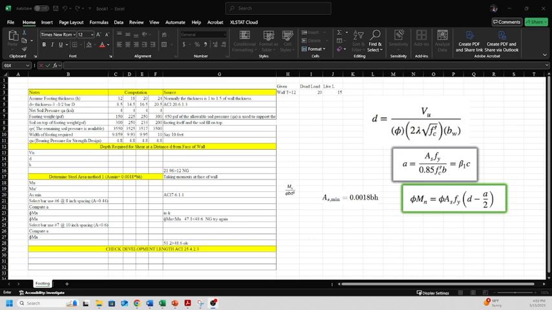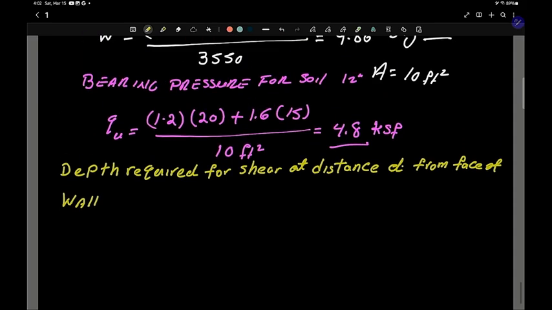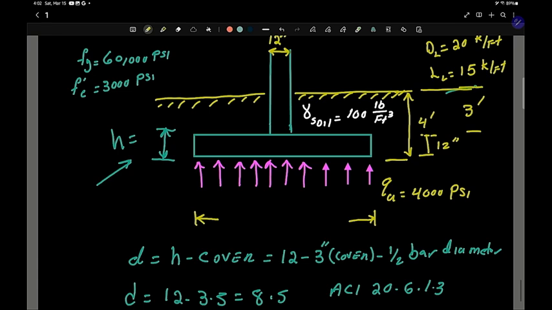Okay, next we're going to calculate the depth required for shear at a distance d from the face of the wall. Let's look at the wall, and we want to come away distance d from here. So let's call this D. They want to know what the shear for this area is. I want to figure this out. Take a look at this. This is like a cantilever.